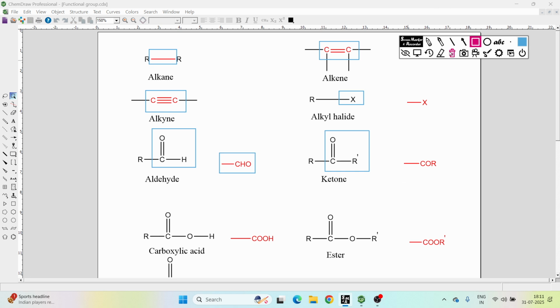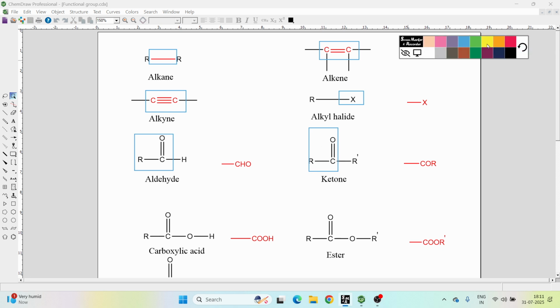Now if you want to see the difference, you can see it here. In an aldehyde, you can see this part, RCO. The same part you can see here for a ketone. Then what is the difference? Let us take a different color so that you can understand it much better. Can you see here?